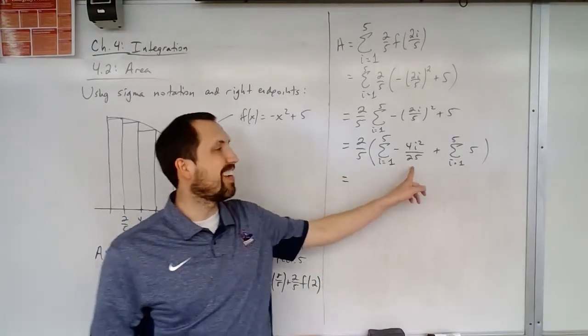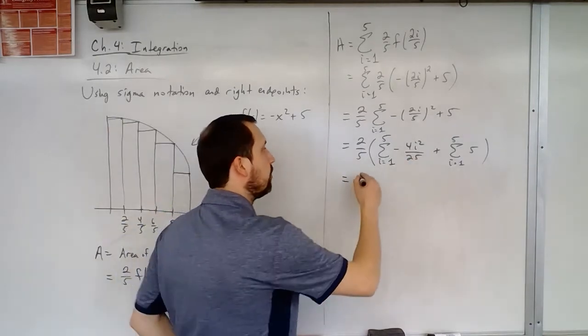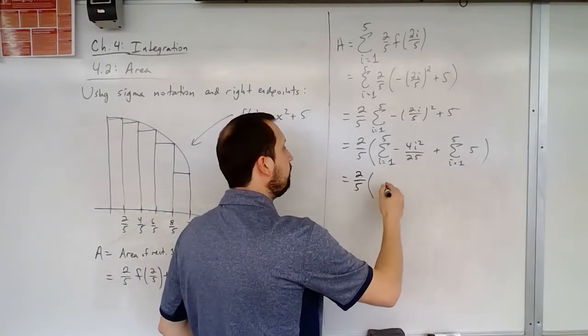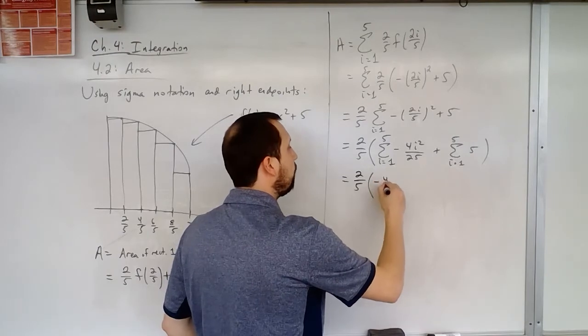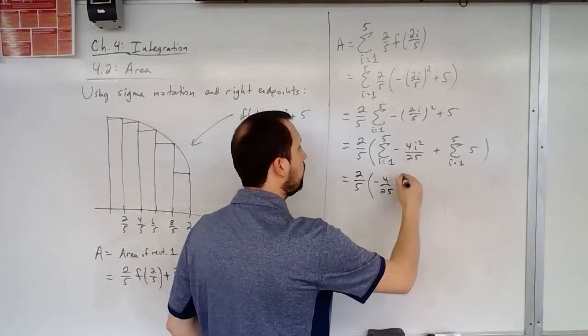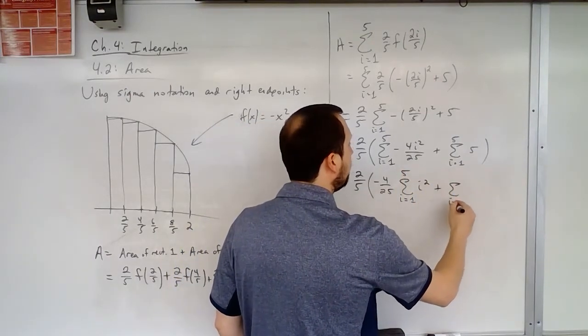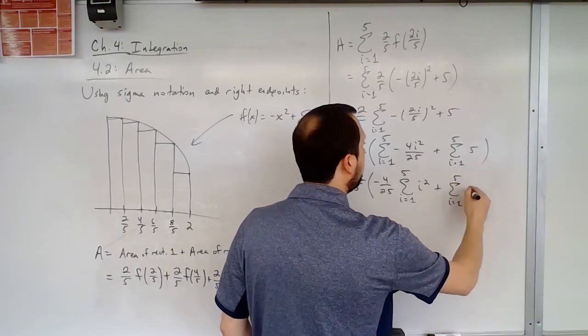Then here I have a constant in this i squared, so I can pull that out. So I'm going to have 2/5 times negative 4/25 times the sum from I equals 1 to 5 of i squared plus the sum from I equals 1 to 5 of 5.